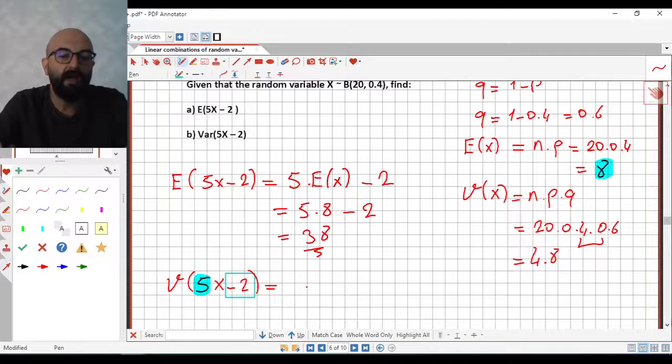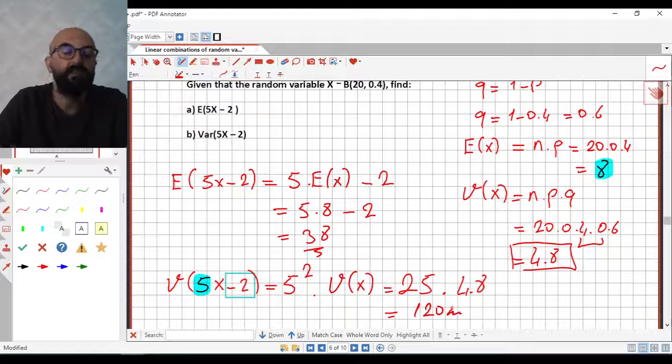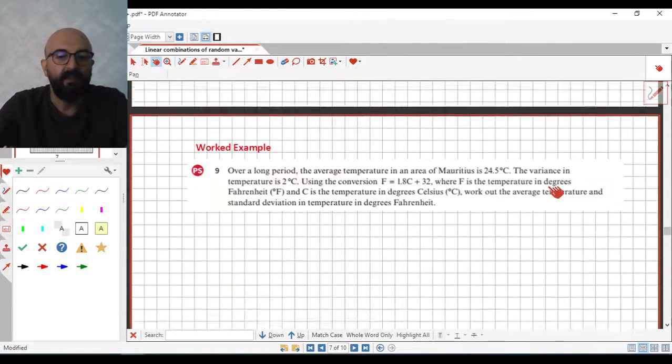So we write 5 squared multiplied by the variance of X. So 25 multiplied by 4.8 is 120.